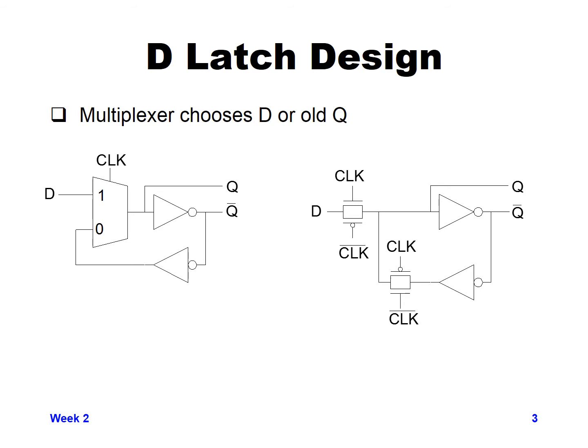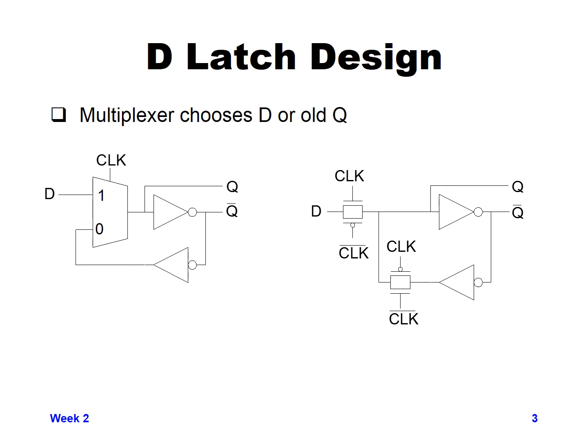We can do that by using a 2-to-1 multiplexer that chooses between the current value of Q cycling back, or a new value of D if clock is high.